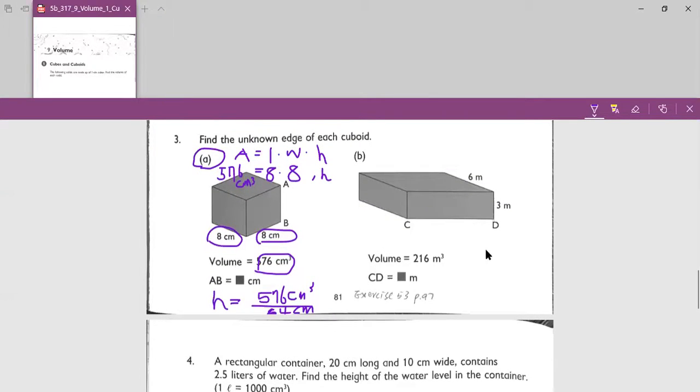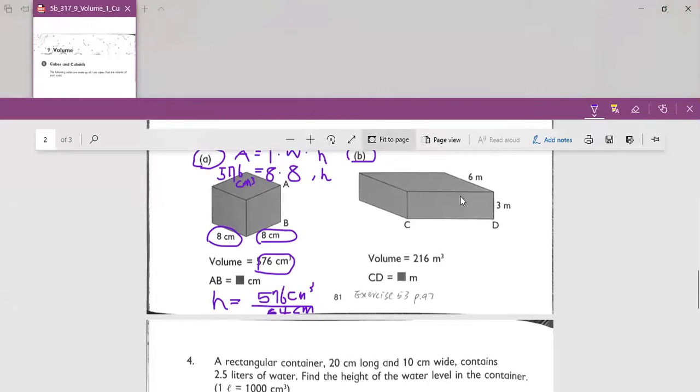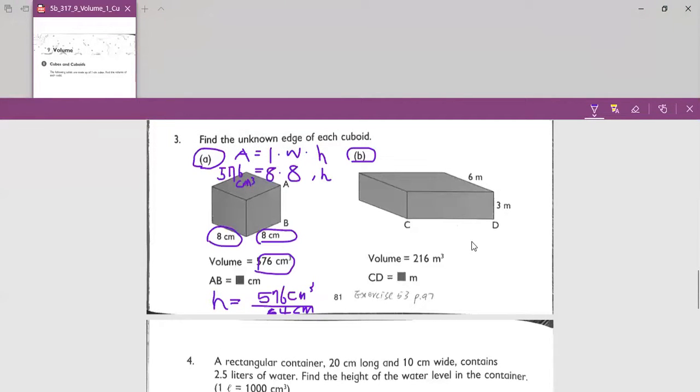All right, now we're going to move to B. Kenzo, can you tell us what the length is for this cuboid, question B? 6. Can you say it one more time? 6. Okay.